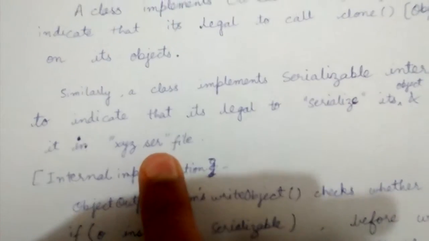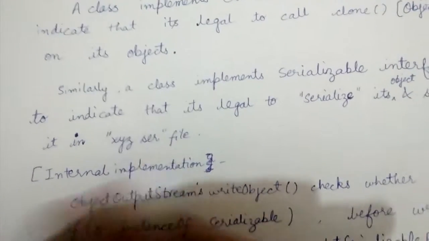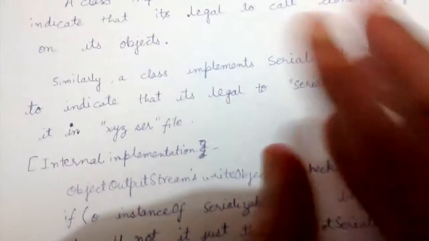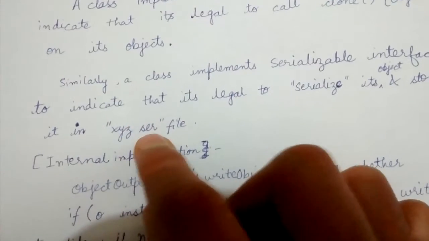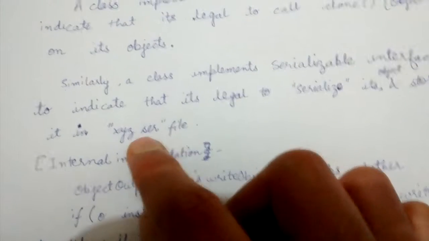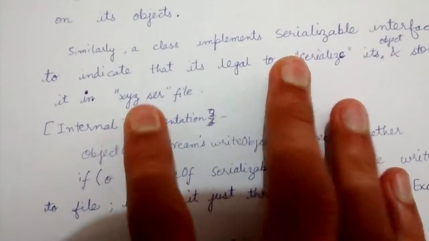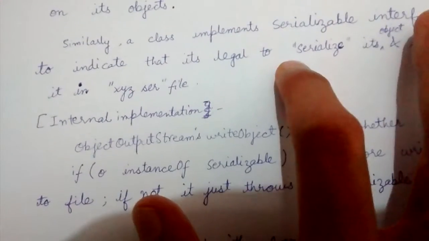So this ser file basically represents an object. Objects can be compressed and we can put all the information, its attributes, its methods, all those things in this ser file. So ser basically indicates serializable. This serialized info is written in this file.